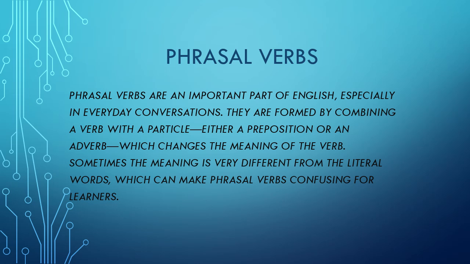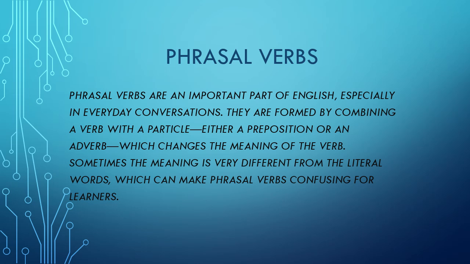Phrasal verbs are an important part of English, as I said before, especially in everyday conversations. They are formed by combining a verb with a particle, either a preposition or an adverb. All right, so there is a main verb plus a particle.